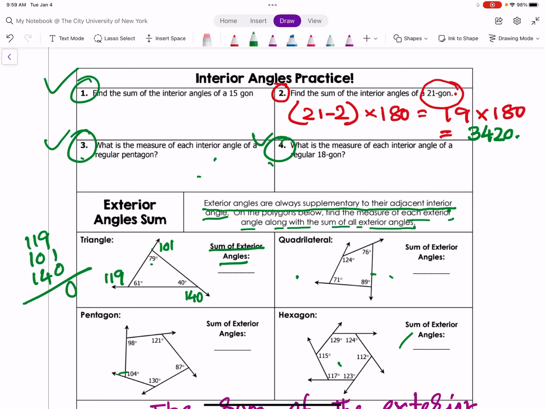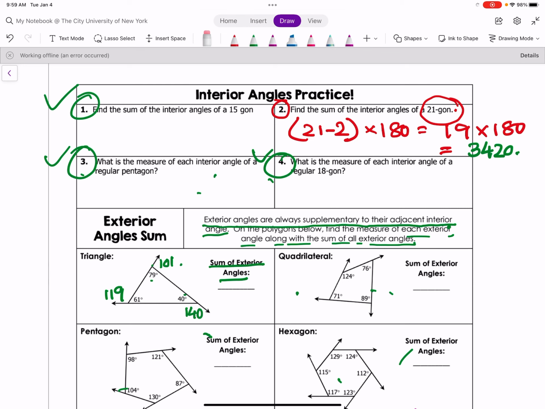I must have done something wrong. 101, 140, 119. Okay, that is 360. Now, the sum of the exterior angles in this triangle became 360.